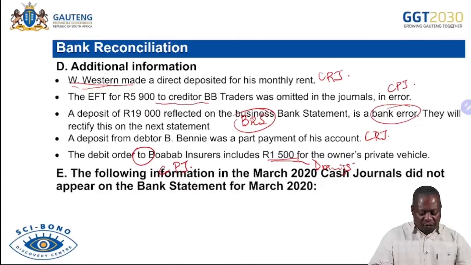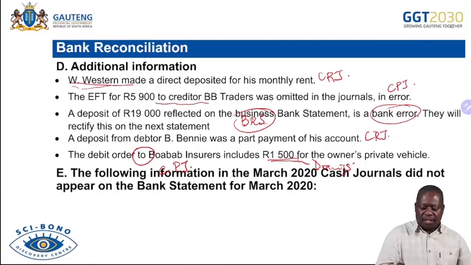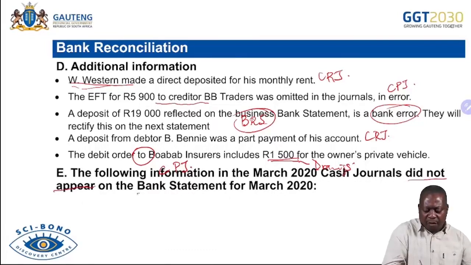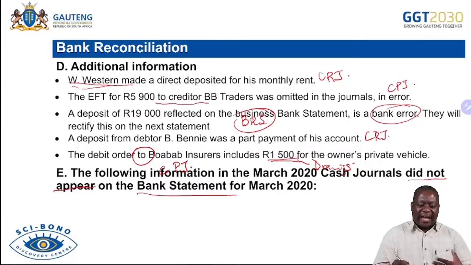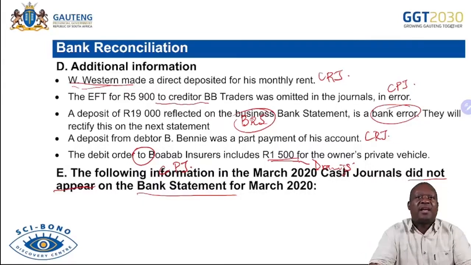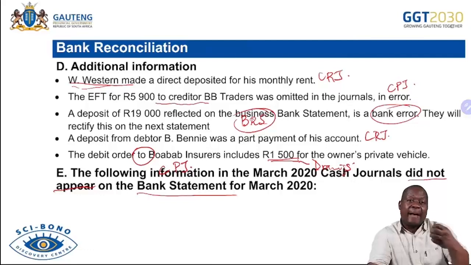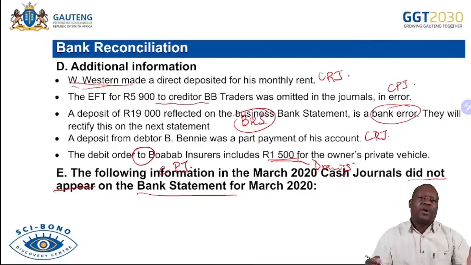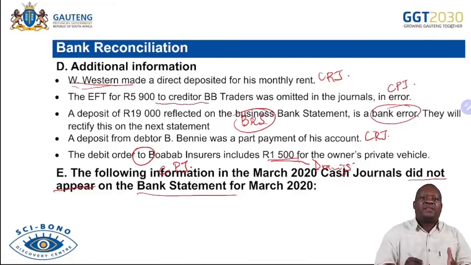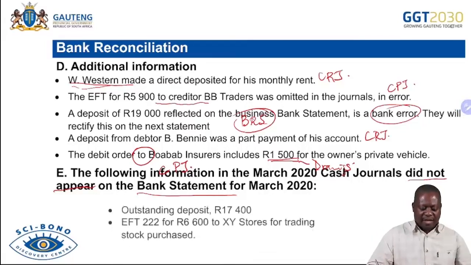And then we go to information E. It says, the following information in the March 2020 cash journal did not appear on the bank statement. So it means it appeared correctly in our journals, but it's not appearing on the bank statement. So where do we take it to? Where it is not appearing, that information goes to our bank statement. And what is that?